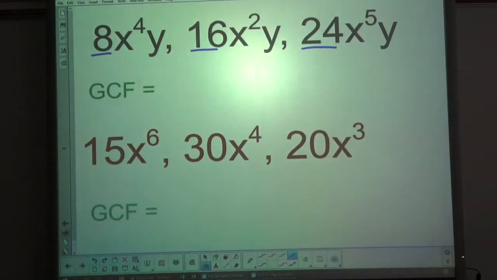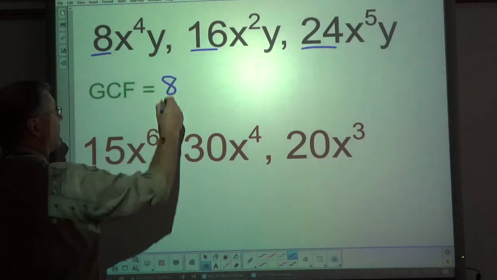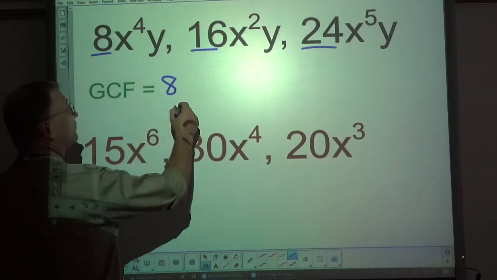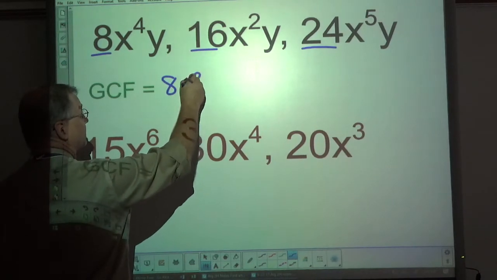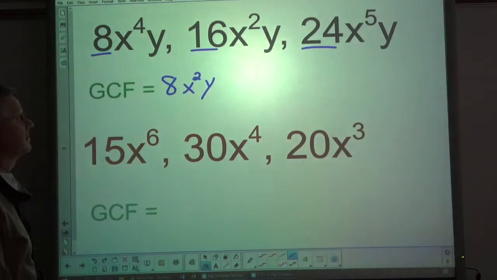The number that will go into all of them without going over is 8. 8 goes into all of these evenly, and it's the biggest number. So that's the number part of the GCF, or the coefficient of the GCF. The variable part, x, and the smallest is to the 2nd. Y is in all of them. To the 1st is the smallest.